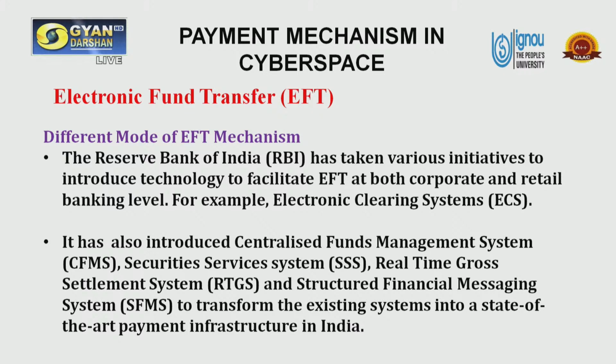It has also introduced the centralized funds management system, securities settlement system, real-time gross settlement system, and structured financial messaging system to transform the existing system into state-of-the-art payment infrastructure in India. How this EFT is working, we have explained in this scenario.